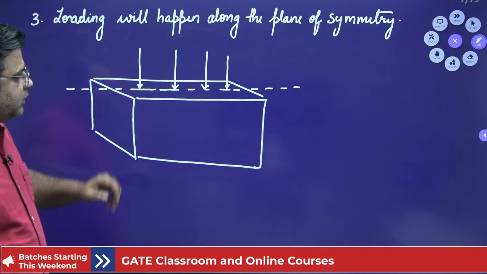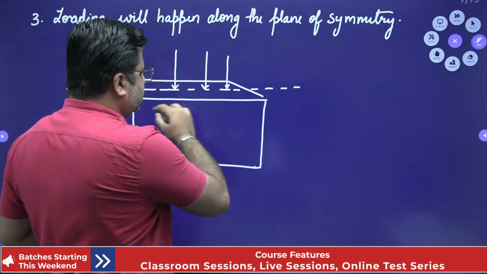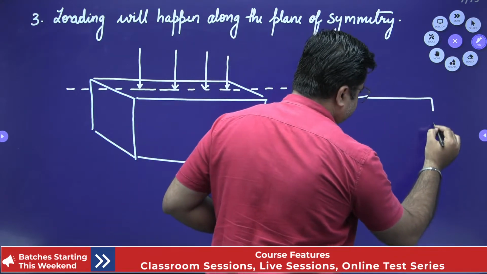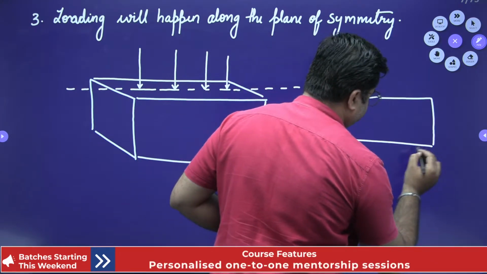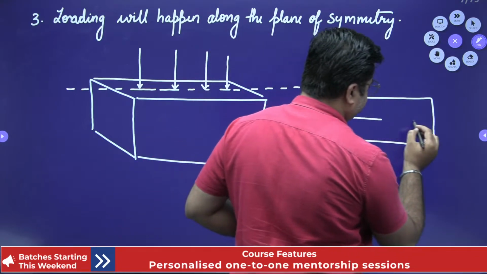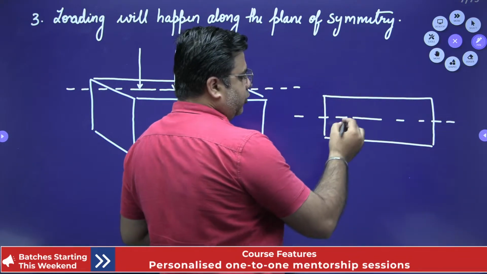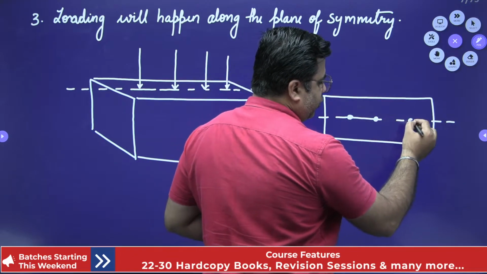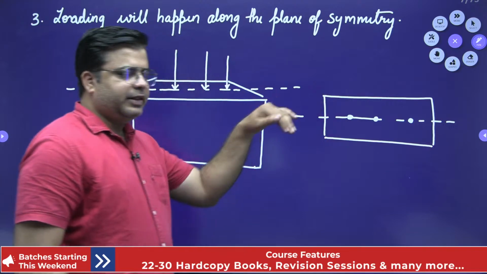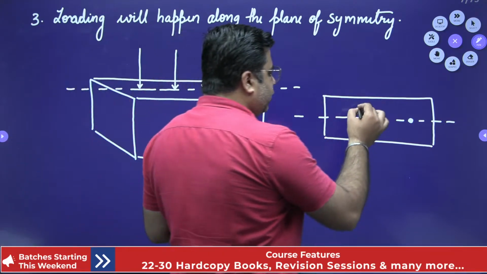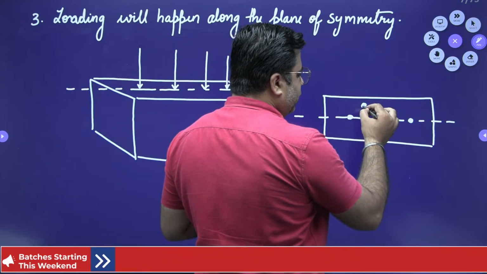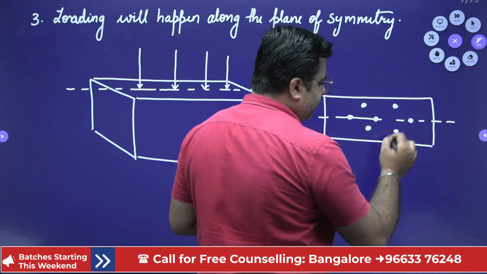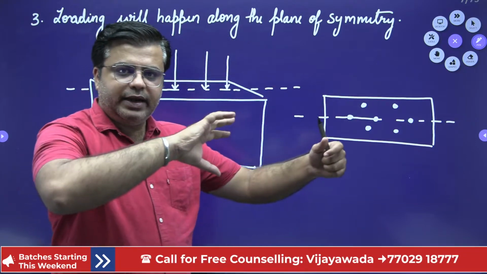If I draw this top cross-sectional area, and this is the center line, till the time loading is done over this center line, only bending will happen in the beam. But if any load is applied like this, away from the center line, what will it do? It will try and twist the member.